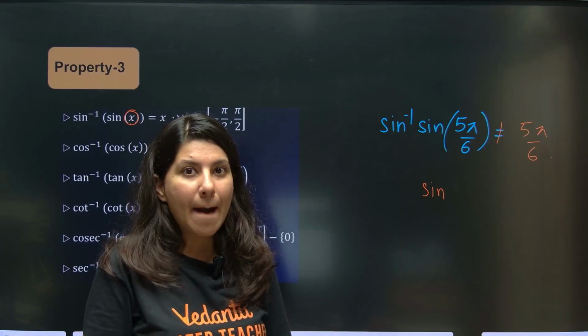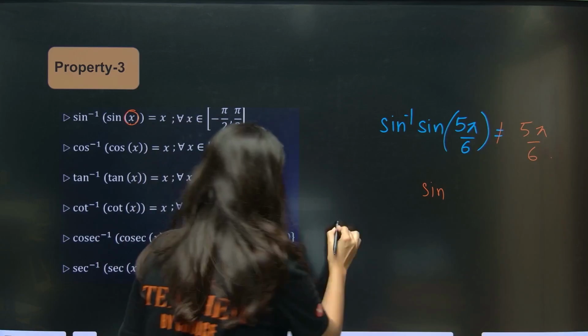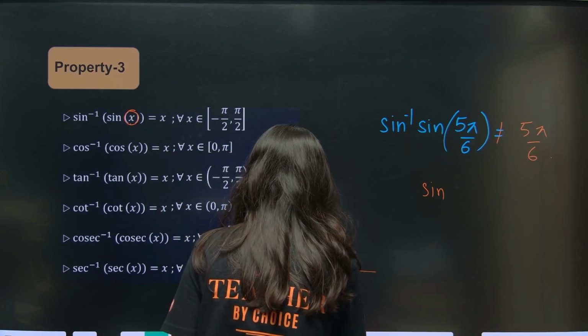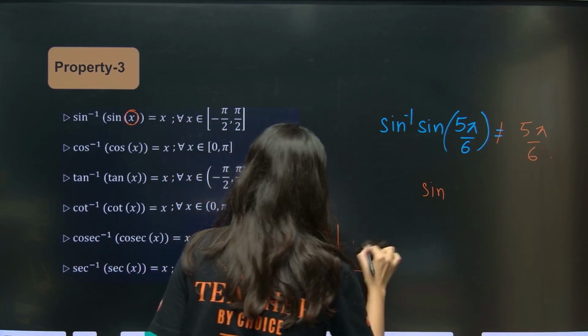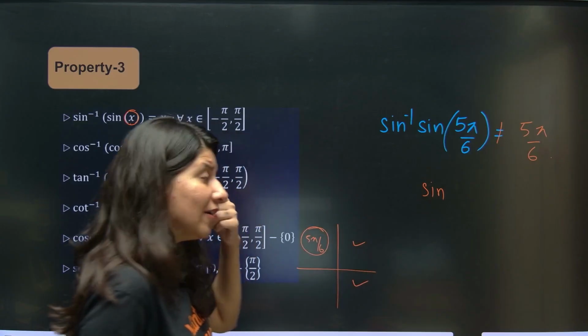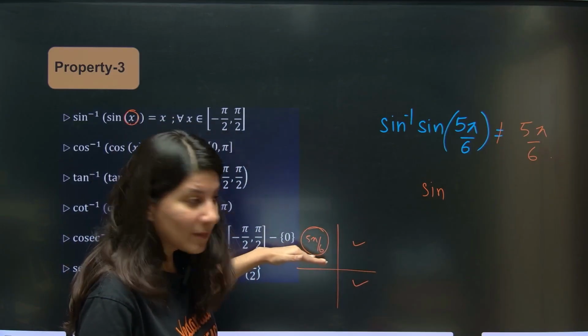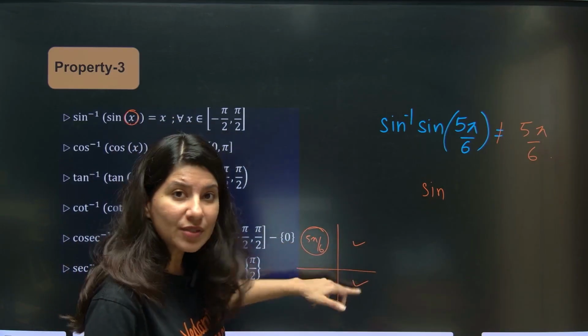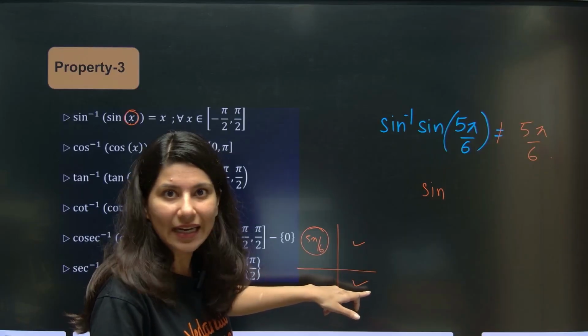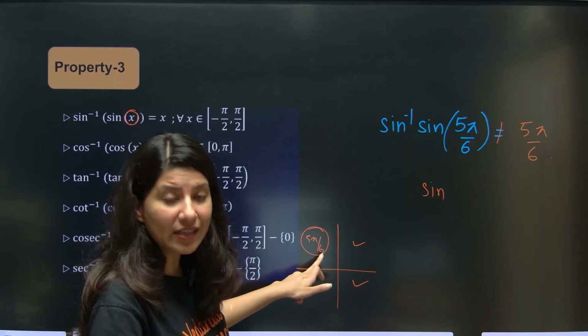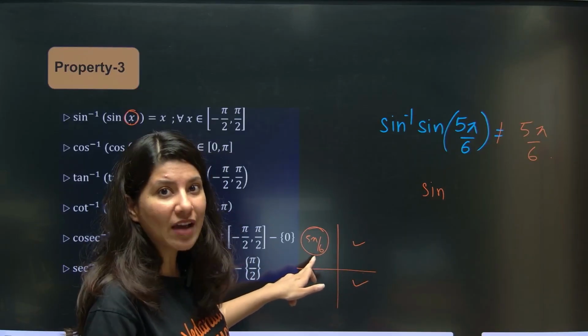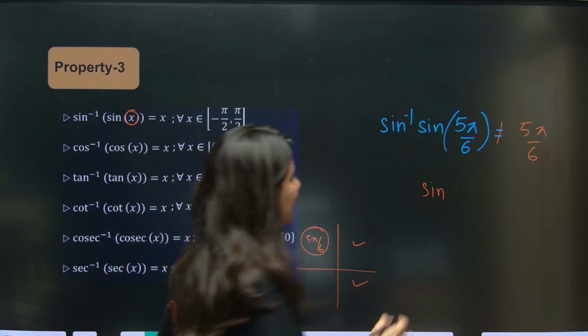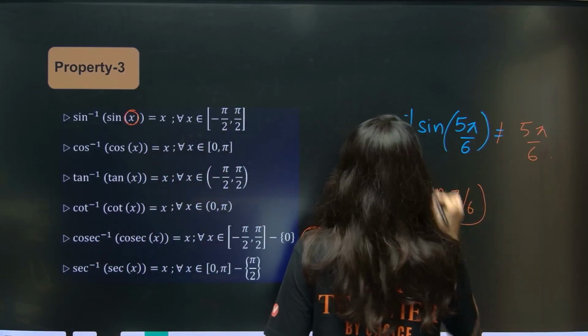So my preferred quadrants, see, this is your 5 pi by 6. Obviously, your answer should be either first or fourth. Sine is positive, so which quadrant will you select? First, you can't select the negative one. You want to select the equivalent angle which will give you the same value. So sine 5 pi by 6 will be the same as sine pi by 6.